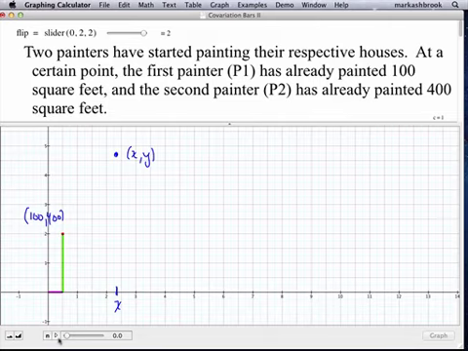So yeah, it's right. It's good reasoning. But forget about the 250. We want to use this 100, 400 point. So how can we use the 100, 400 point to get started if we want to know what the y value is for any x value starting at the 100, 400? How are we going to start? Same way we started before.